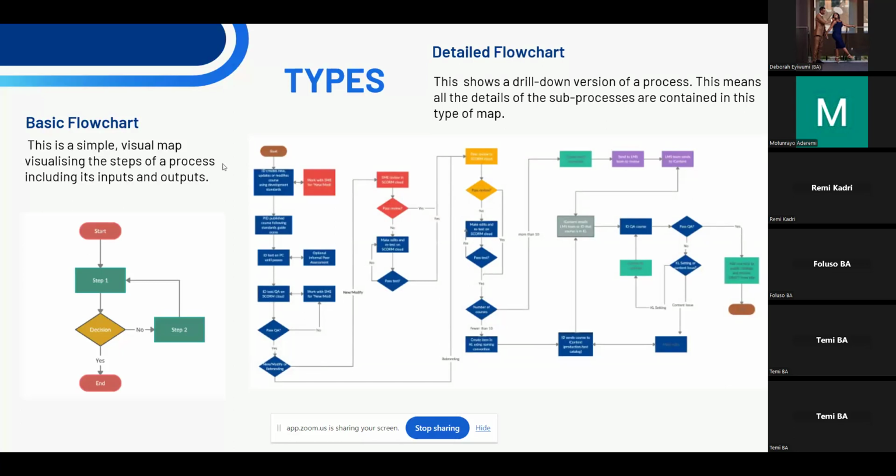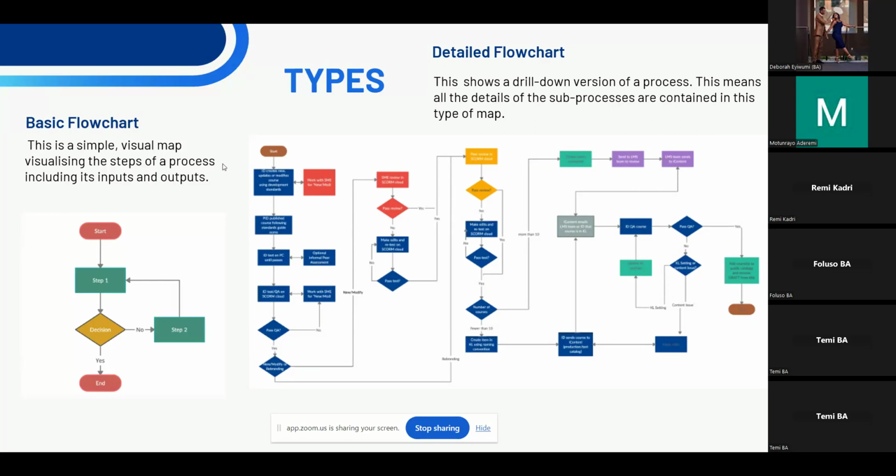Then you have the detailed one. So this, for example, could be like a level 1 or a level 2. So you've taken a simple process and you're breaking it down even further. So you can see where the start is and where the end is. And then there are loads of different steps in between. And then you have the decision points, multiple decision points. So if you say yes, you go here.